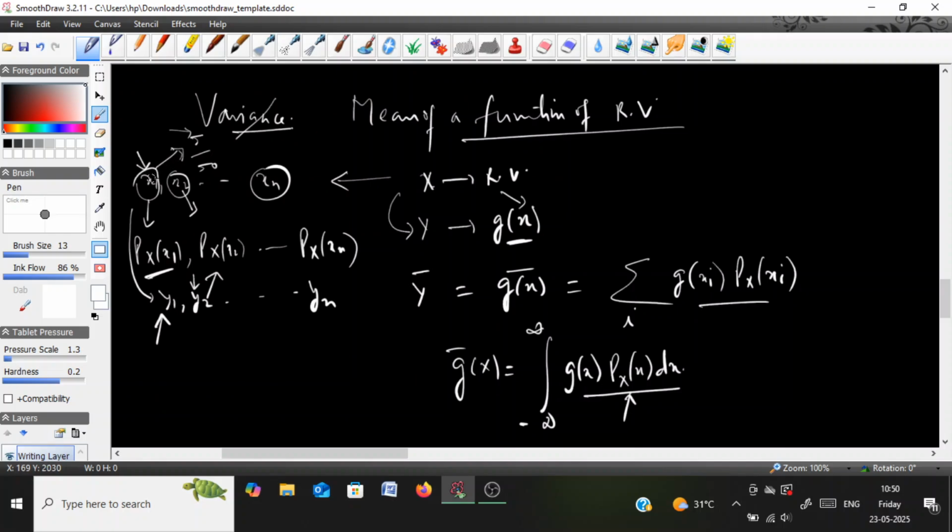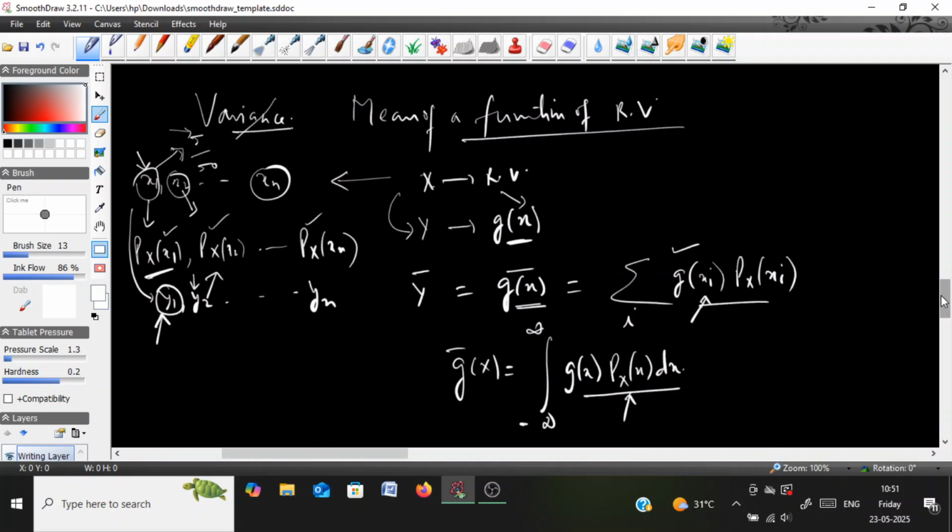So those points which have the value of 5 will be mapped to the same point in the random variable y. That is why their PDFs will remain the same, and accordingly the mean of the function of the random variable will be simply the function for a particular value of xi multiplied with the probability of xi.